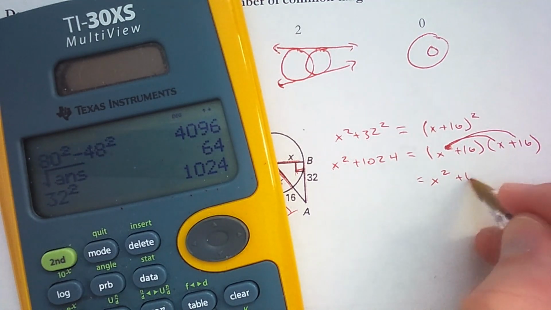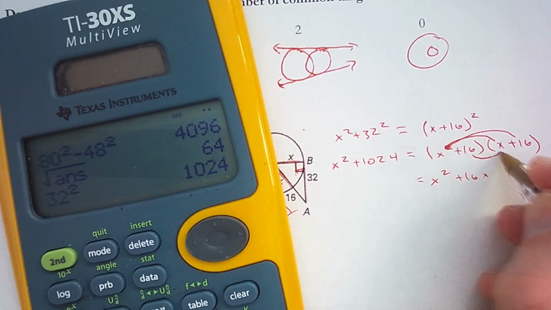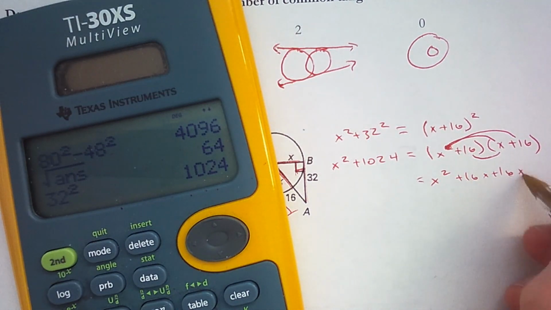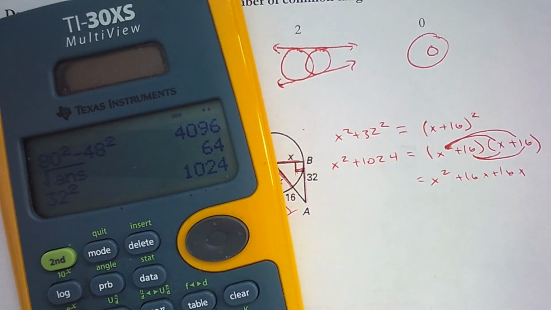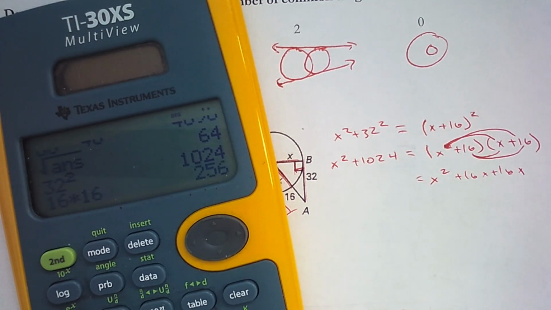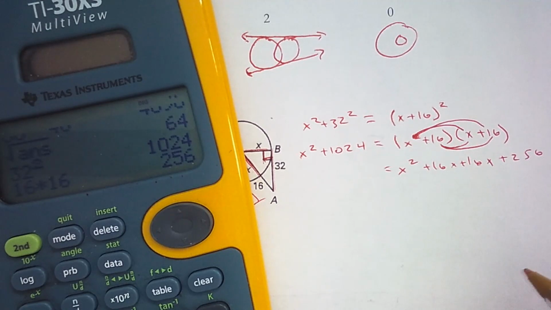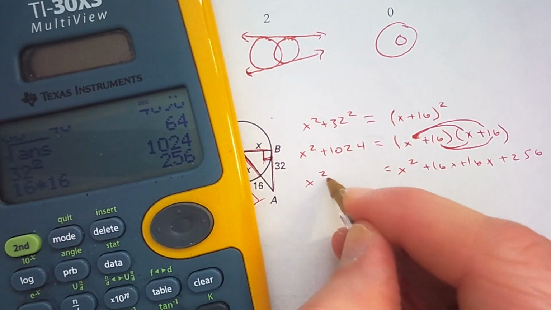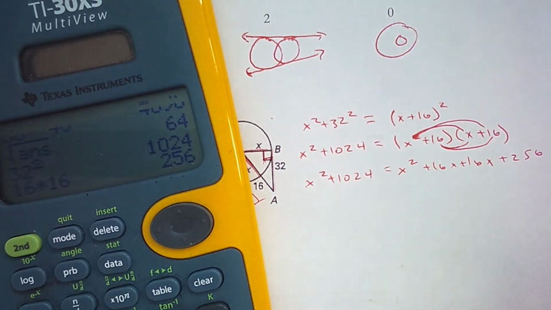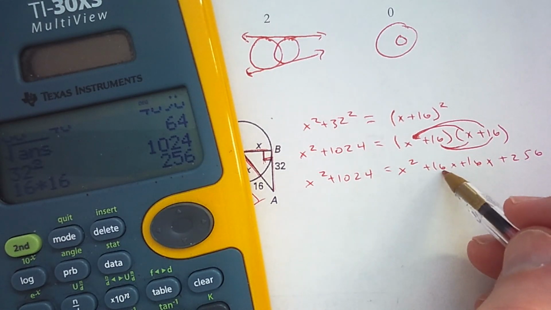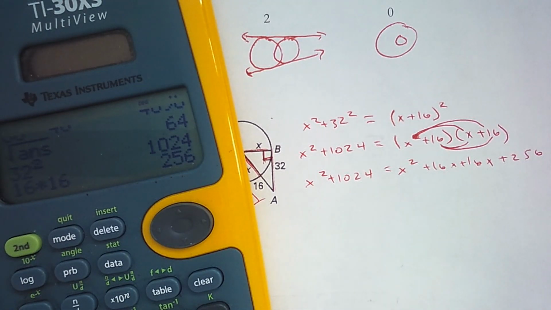X times 16 is 16x. 16 times x is 16x. And 16 times 16 is 256. So we have x squared plus 1024 equals x squared plus 16x plus 16x plus 256.